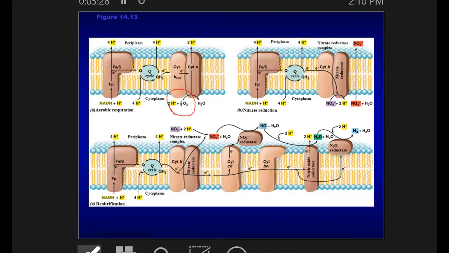And so you have the NO2 minus, okay. Then denitrification is that big long one on the bottom. But again, you can see there's these themes of electron transport chains, donor to acceptor. They're all embedded in the membrane like that. And it just depends on whether or not you're going to see oxygen at the end or something else, whether you call it aerobic or anaerobic metabolism.